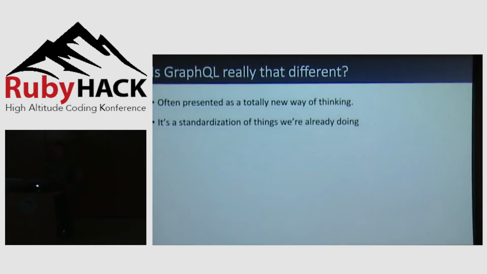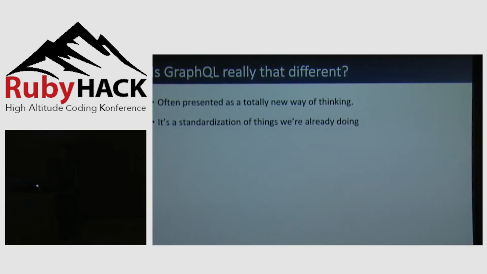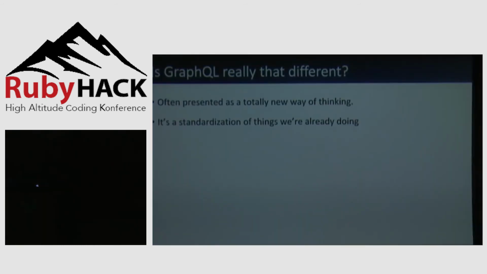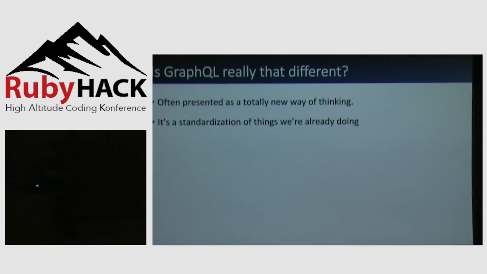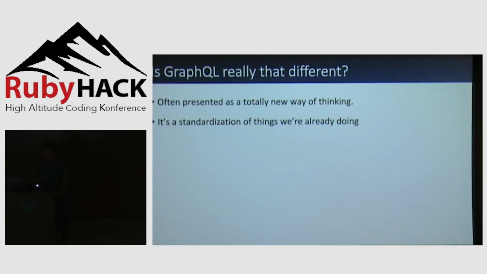And so let's ask a fundamental question. Is GraphQL really all that different than what we're already doing? It's usually presented in a way that it's a totally different way of thinking. You have to think in graphs and reimagine your application. And it's using some of these buzzwordy things that I think actually are more harmful to GraphQL than anything else.